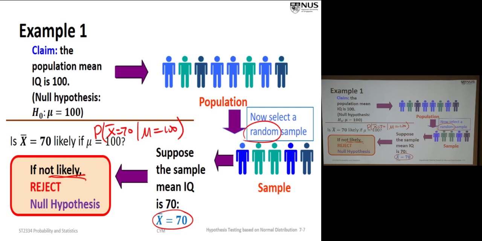X bar equal to some value is not an extreme just like, suppose your exam marks is from 0 to 100. Maybe not exam marks. Suppose I have 100 numbers, 1 to 100, and I take one number.